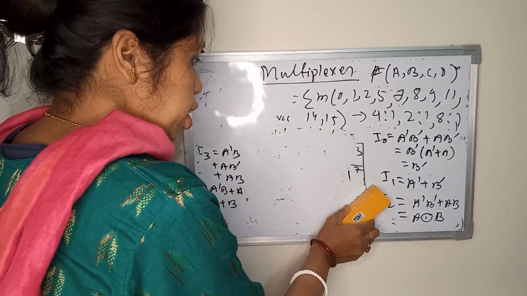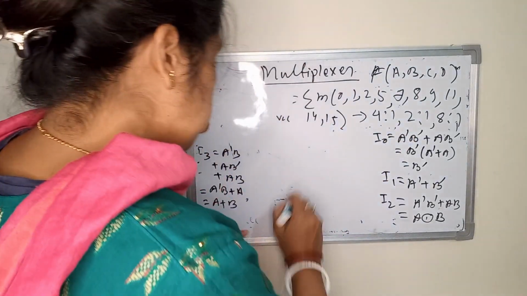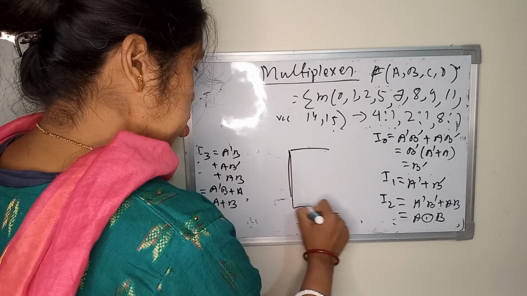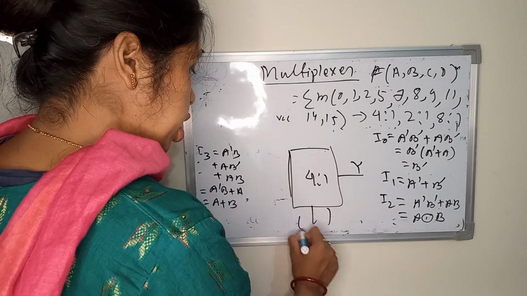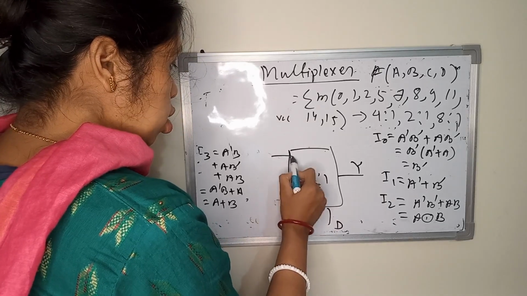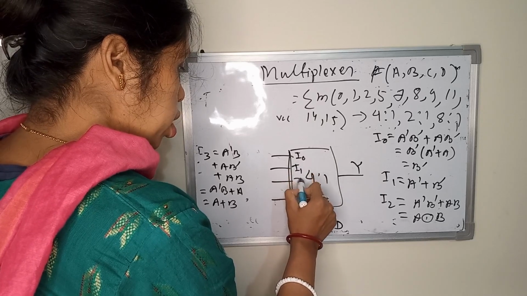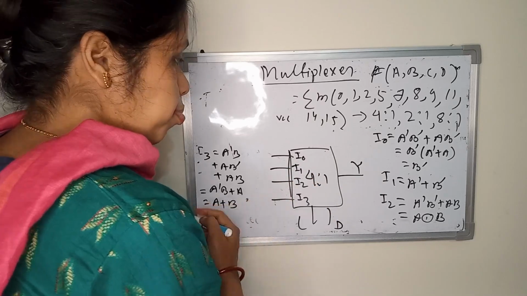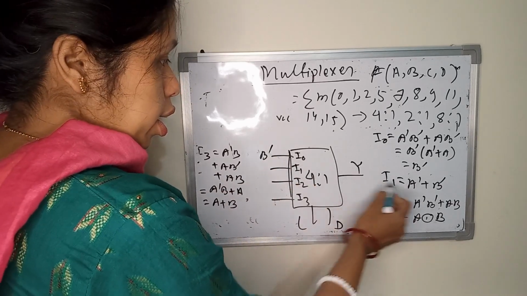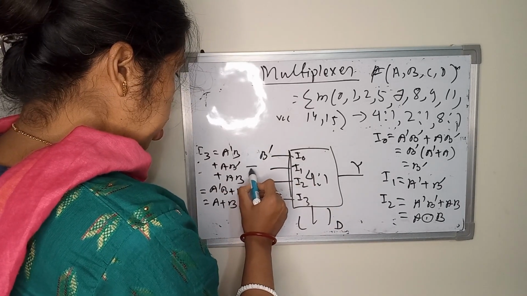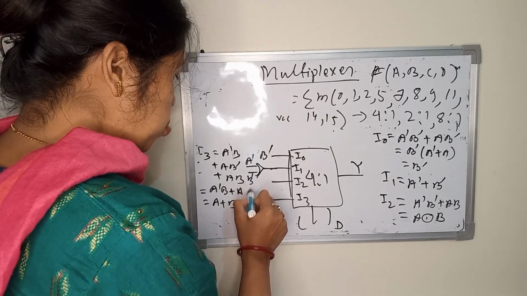So now I am drawing the multiplexer. Here is my 4:1 multiplexer, Y is the output. This C and D are my select lines. I0, I1, I2, I3. I0 is B prime. I1 is A prime B prime, an OR gate.